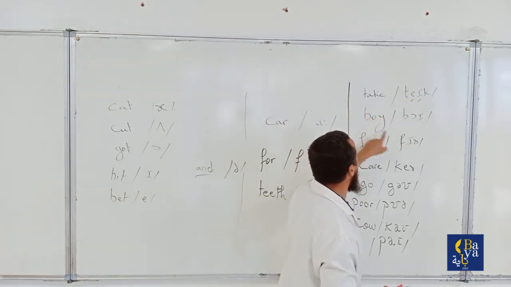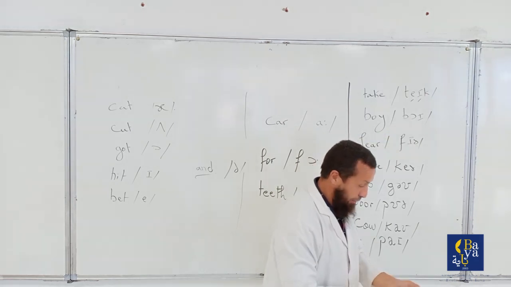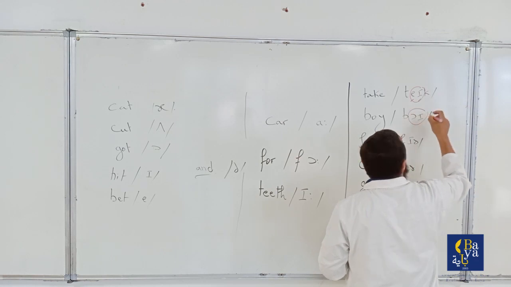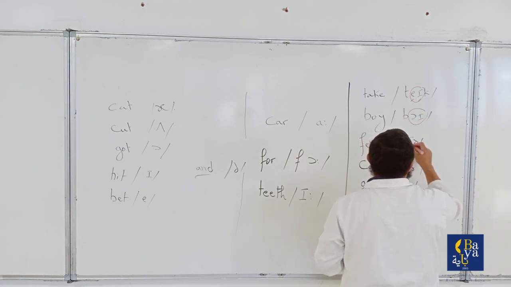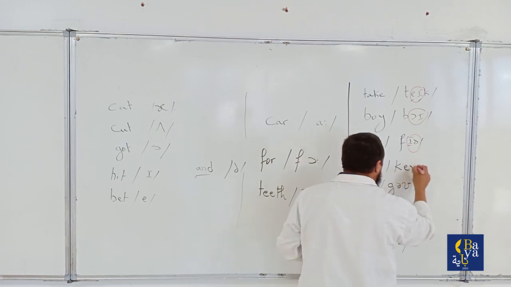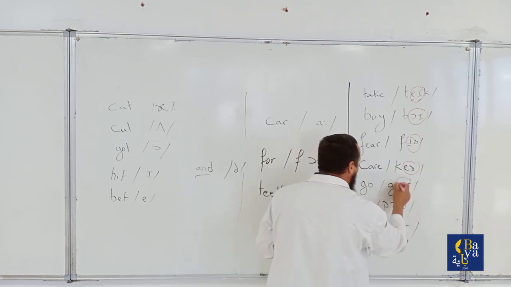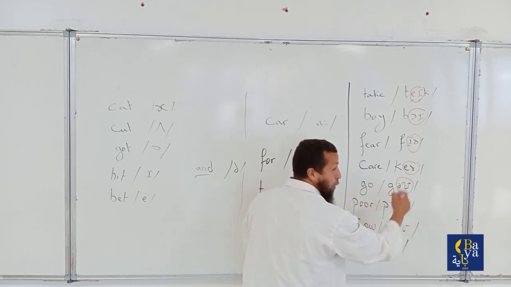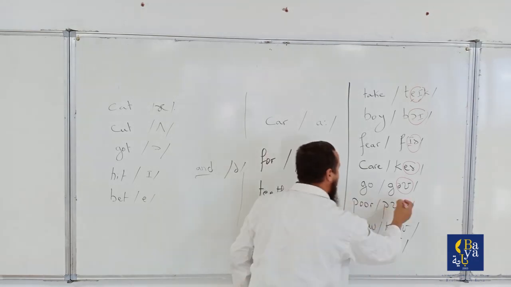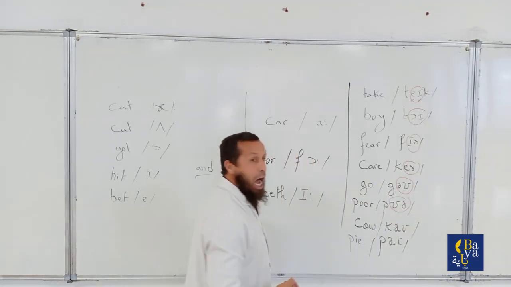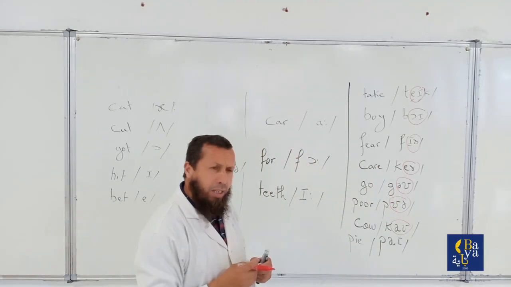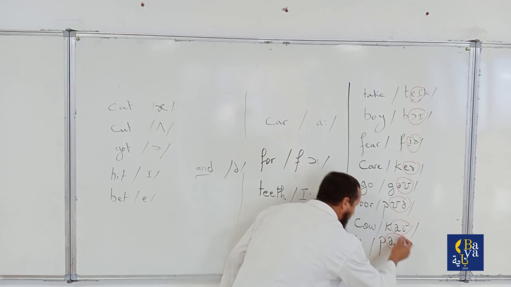A, take, boy, oi, O and I. Ear, we have ka, and ow, cow, and pie.